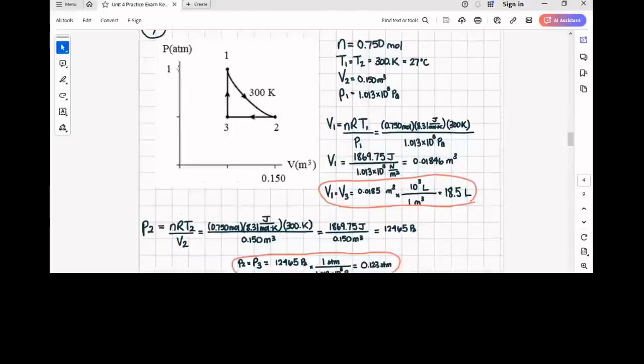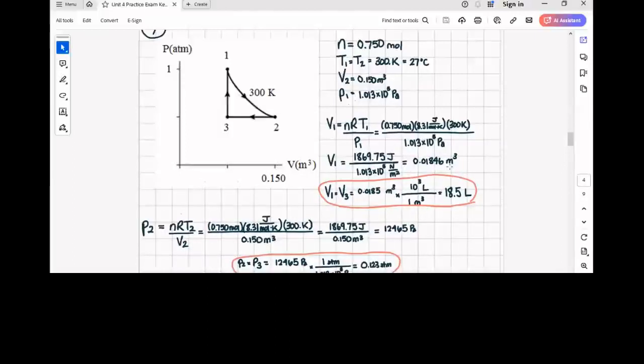And we're given pressures in atmospheres on this y-axis, but in order for the units to cancel appropriately, we'd have to convert that from atmospheres into pascals. And I just used the conversion factor here. So 1 atmosphere is equal to 1.013 times 10 to the 5 pascals. That means that the pressure at state 1 is 1.013 times 10 to the 5 pascals.